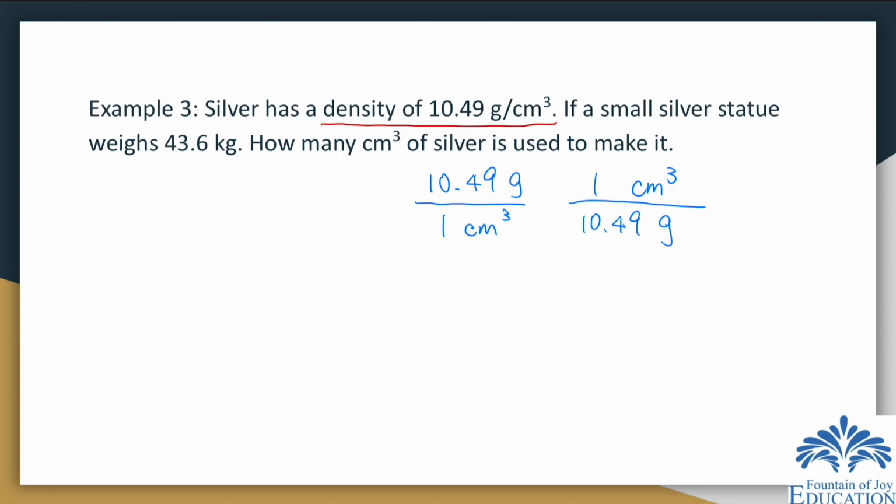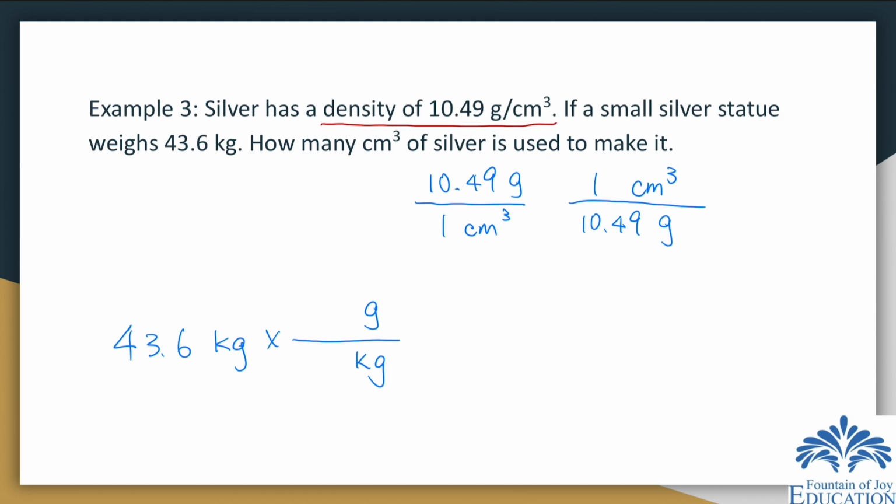Another thing with this question is that we start with 43.6 kilogram. And notice that in our conversion factor, we only have the unit gram. So therefore, we must also first convert kilogram into gram. And to do that, we create these conversion factors between units with prefix and their base unit, in this case, between kilogram and gram.